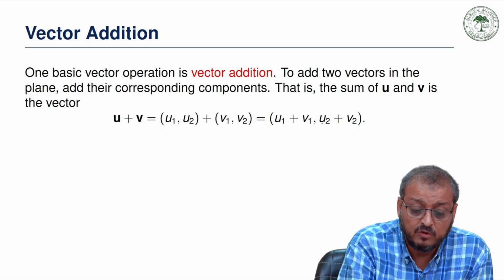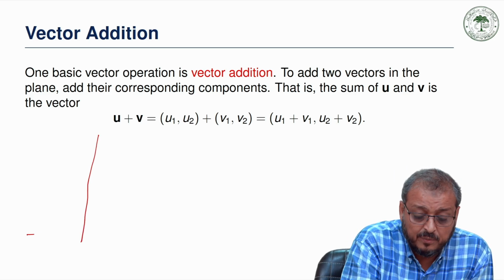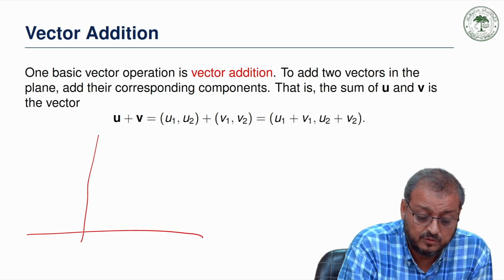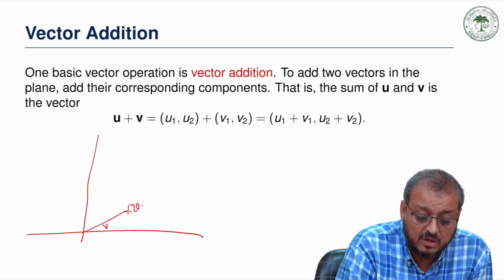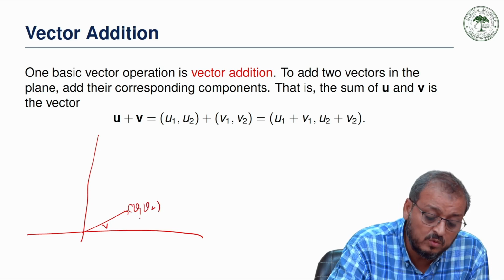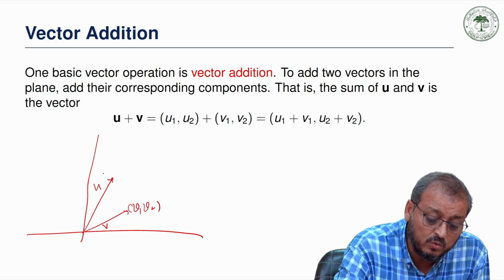Geometrically, suppose this is vector v with components v1, v2, and this is vector u with components u1 and u2.